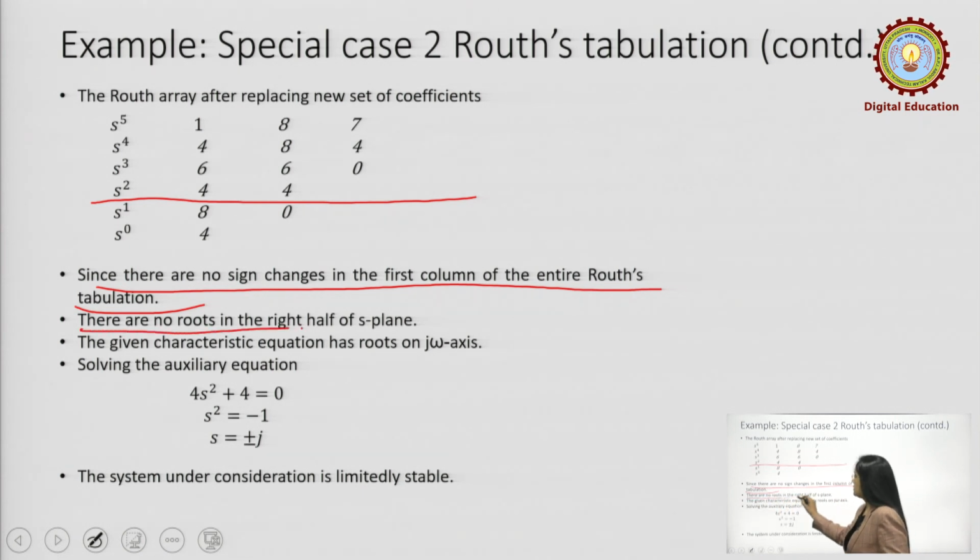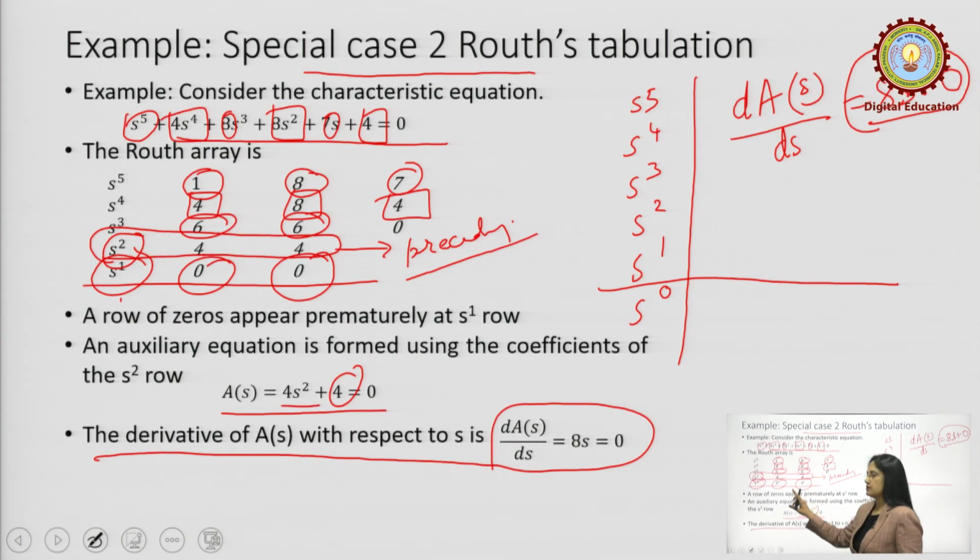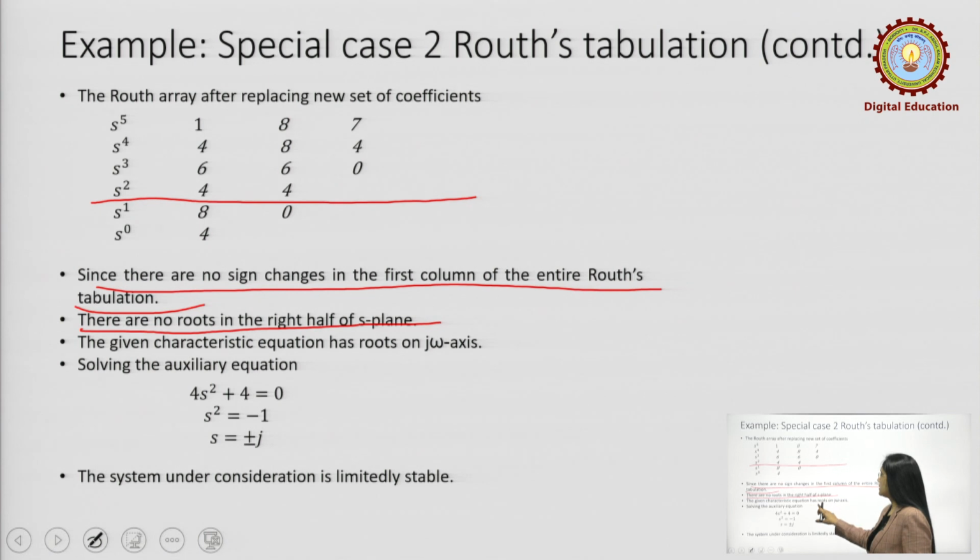This indicates that there are roots on the j omega axis because 0 appeared here.